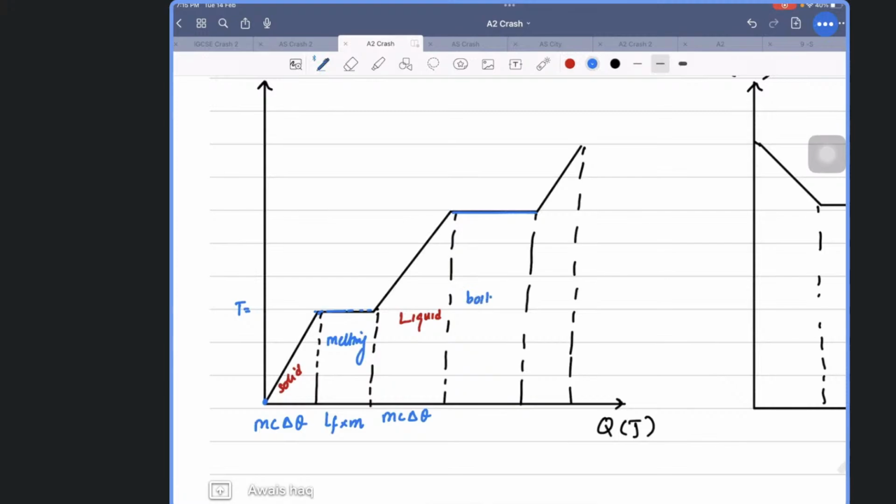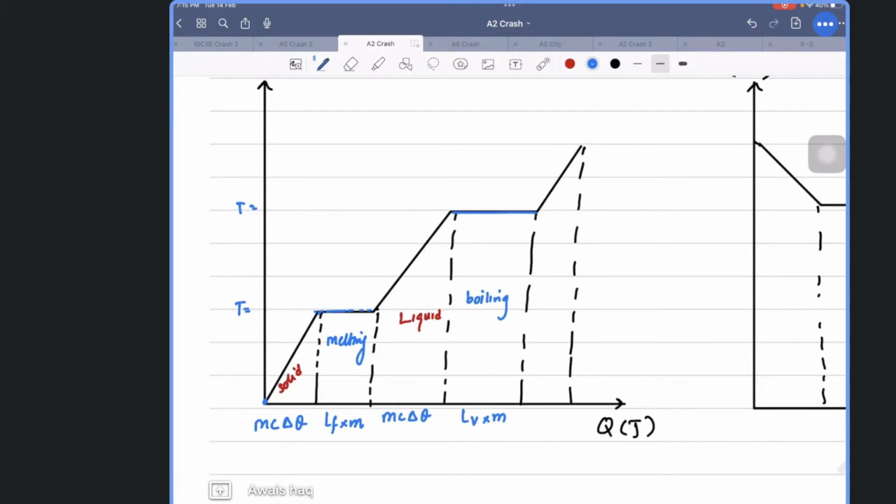Whenever a state is changing, you should remember that the temperature doesn't change. So this is going to be Lv, specific latent heat of vaporization, times mass, and then you can go forward with the other things as well.